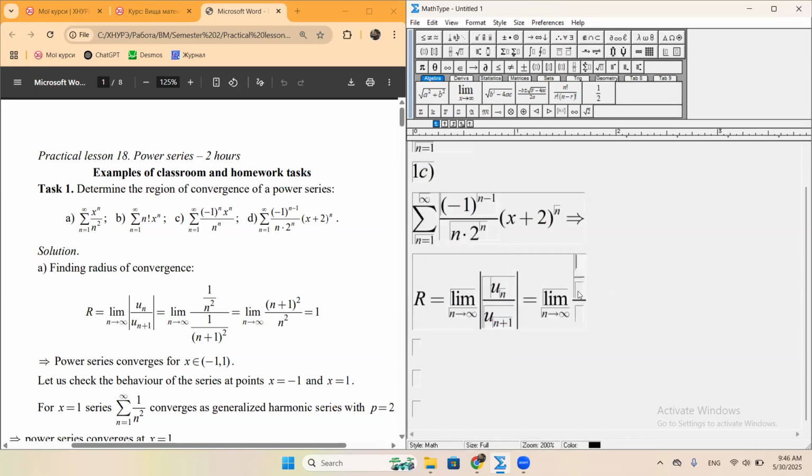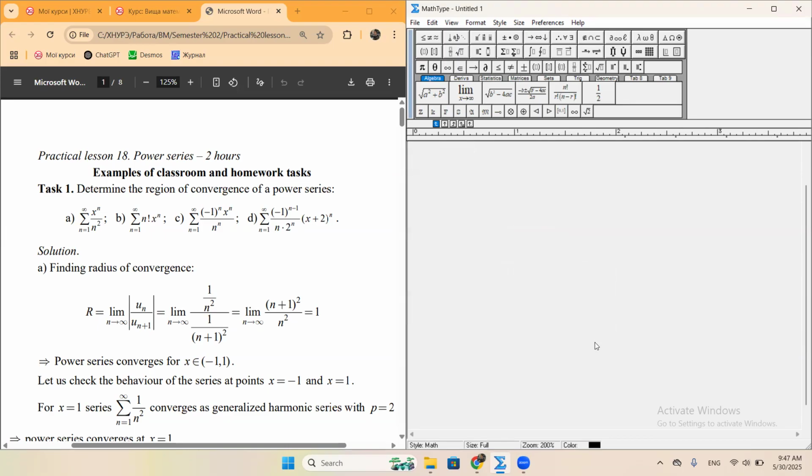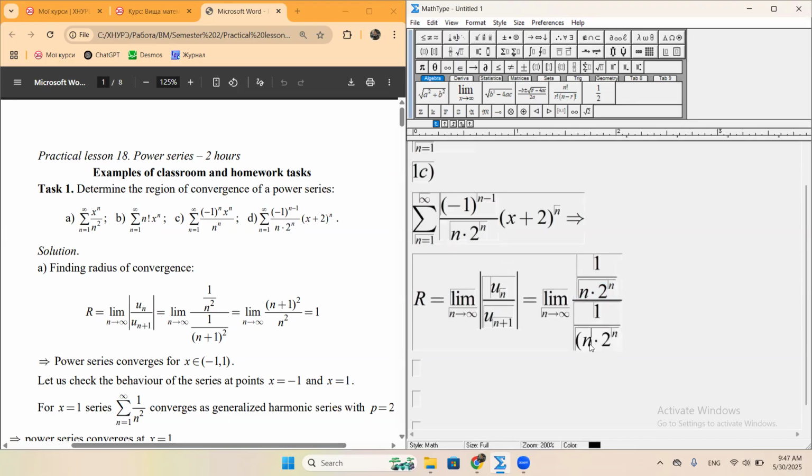So 1 over n over 2 in power of n, and in the denominator n plus 1 and 2 in power of n plus 1.